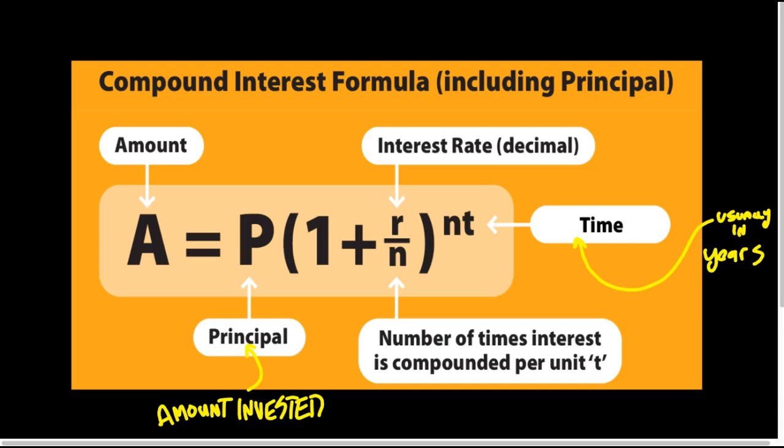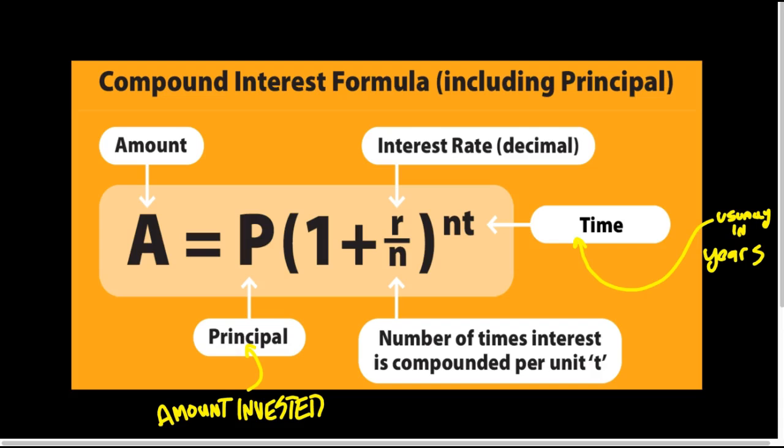Since it's compounded in different increments or time frames, we have a variable for that. So the N is going to be the number of times that it's compounded. And this says per unit T, but really we usually use that in years. So it's going to be however many times that interest is compounded per year.